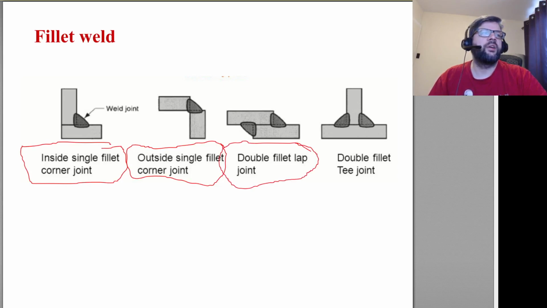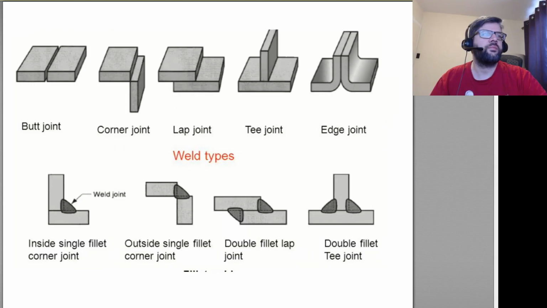You can make lap joints. So you can use something like this in lieu of a butt weld. A double fillet T-joint. And yeah, so butt joints, corner joints, lap joints, T-joints.